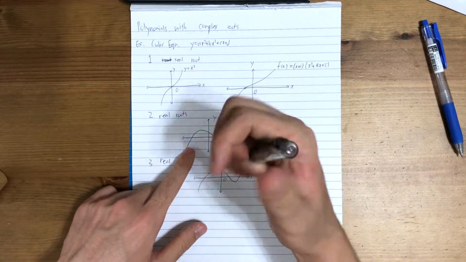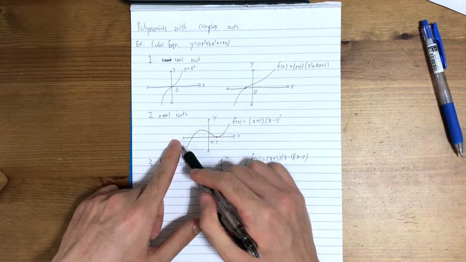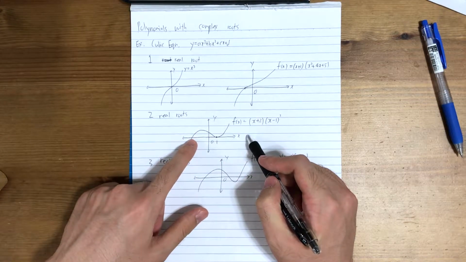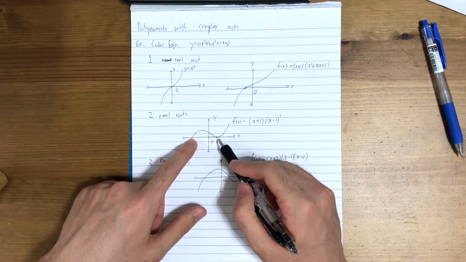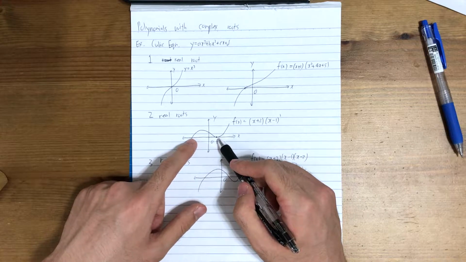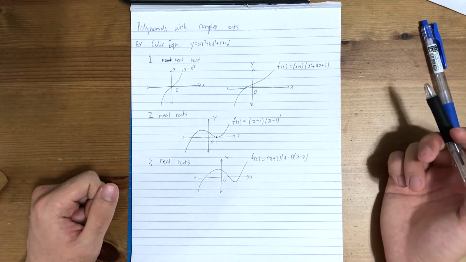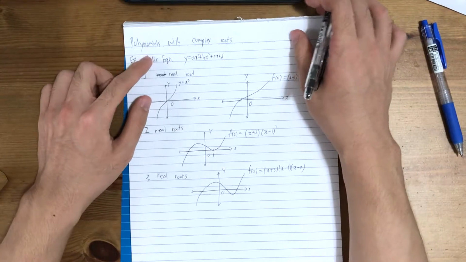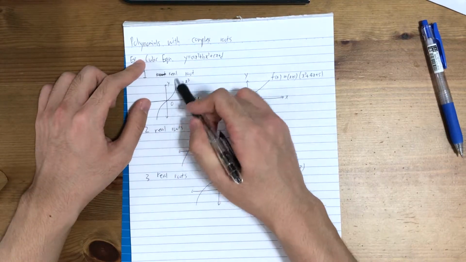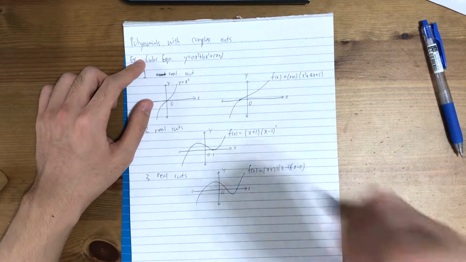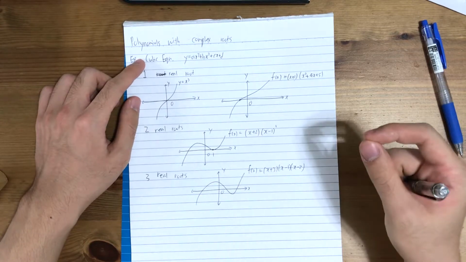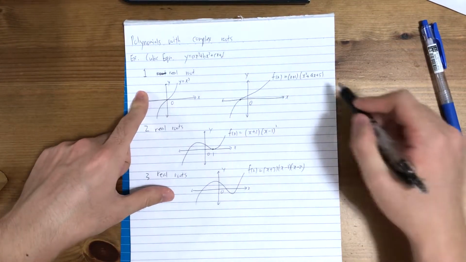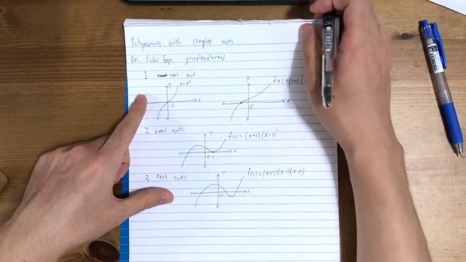And for this one, again, it seems like we have 2 roots from the sketch, but we have 1 distinct root and 2 repeated roots. So total, we have 3 roots. And lastly, we have 3 roots. So a cubic function, no matter how it looks, has 3 roots. It's just that either they are repeated or they are complex roots, okay?